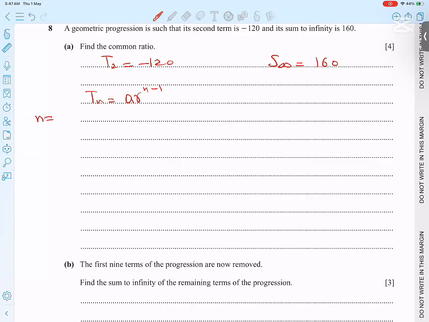I replace n by 2 because 2 is mentioned, so T2 is equal to A r to power 2 minus 1, which is replaced by negative 120, so AR equals negative 120. And the sum to infinity formula is A over 1 minus R, so 160 equals A over 1 minus R.